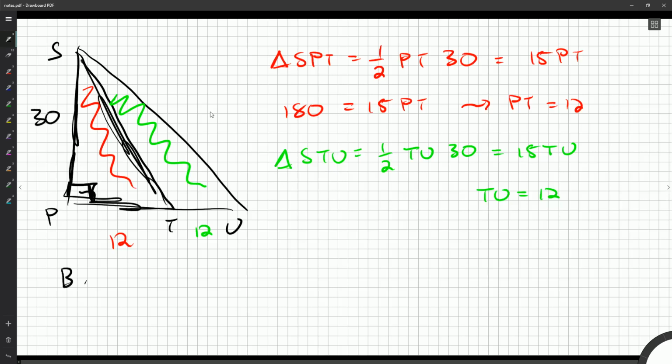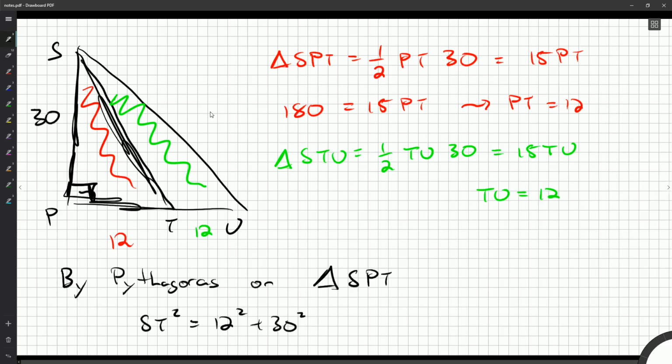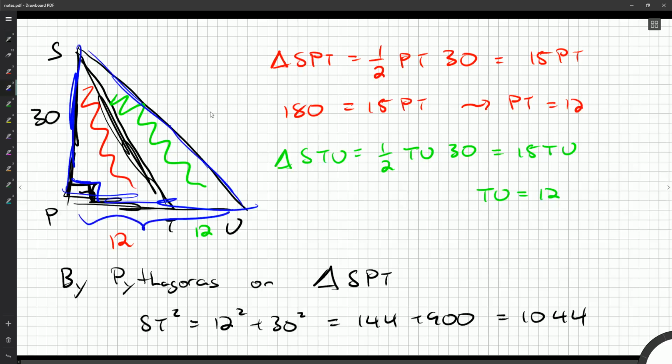So if we use Pythagoras' theorem on triangle SPT, we get that ST squared is going to be 12 squared plus 30 squared. That's 144 plus 900, which is 1044. We'll come back to that one in a moment. We can also do the same thing on the big one, the combination of these two, which is still right-angled at P. It's got a base of 12 plus 12, 24, and a height of 30, and SU is the hypotenuse.